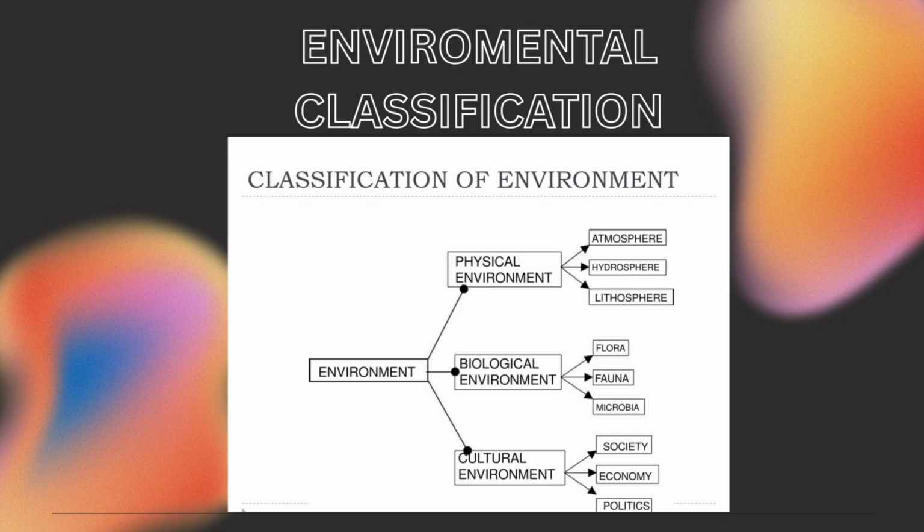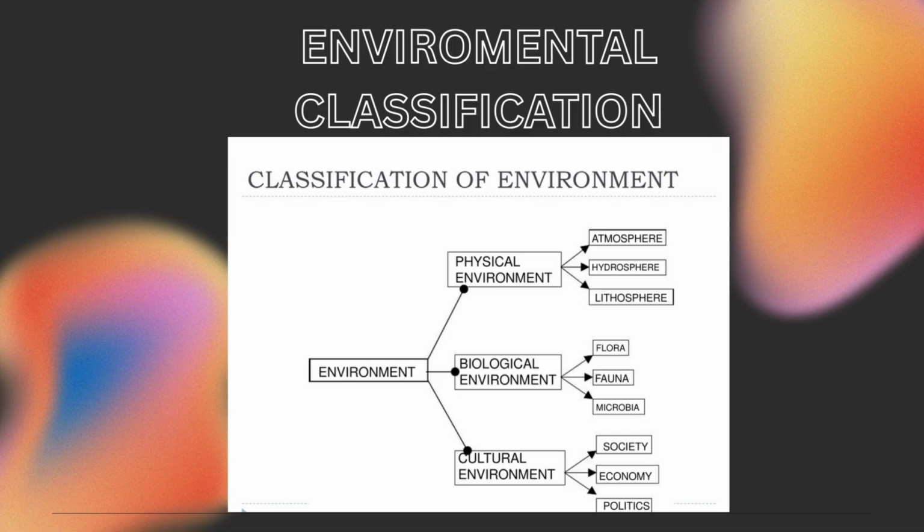The second one, the biological environment, includes all living biotic components of the Earth. This environment is composed of flora, meaning all types of plant life that provide oxygen, food, and habitats. Fauna, which includes all animal species, both wild and domestic.